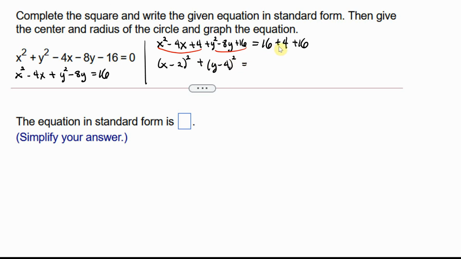This is 36. But isn't that 36 the same thing as 6 squared? So what we have, yes, is (x minus 2) squared plus (y minus 4) squared is equal to 6 squared. So we've gone from this general form to the standard form by completing the square.